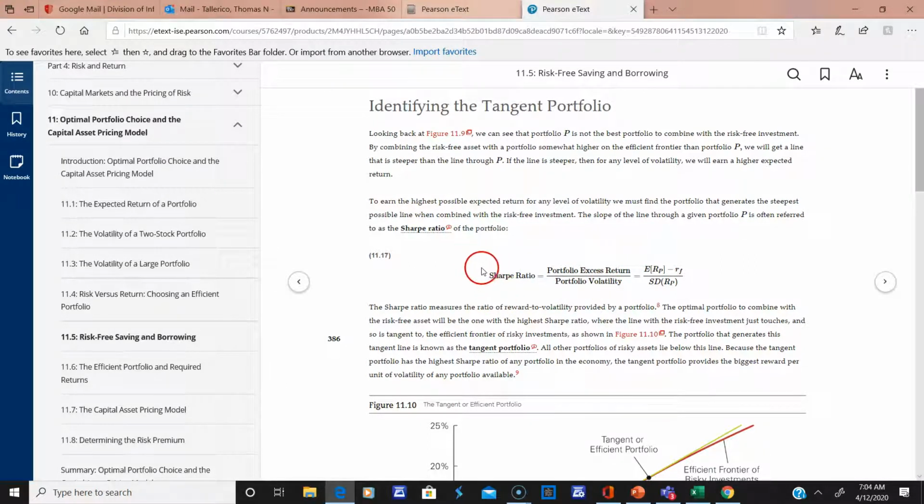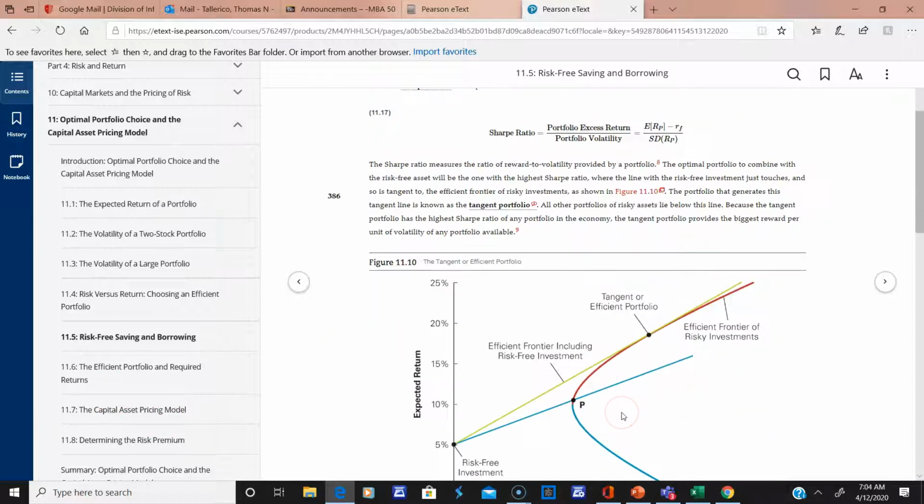So this is the Sharpe ratio here. I just want to make that point.